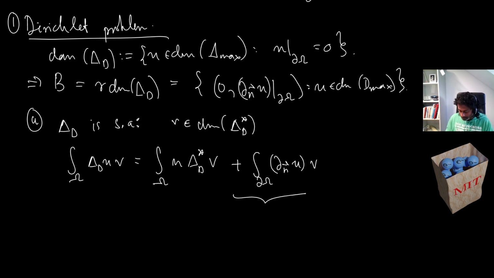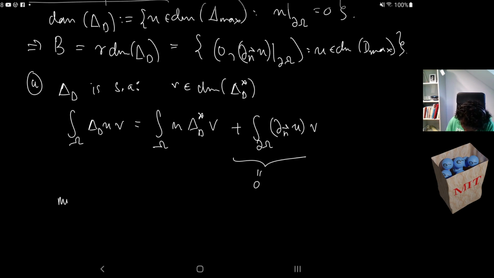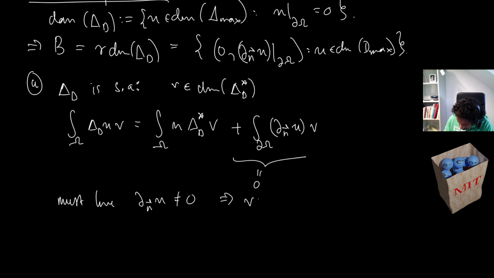It forces this term to be 0, right? So we must have, I mean, it cannot be that every partial nu u restricted to the boundary is 0. Because if that was the case, then the domain of the operator would also be different, right? So we have some u non-zero, and then from that we can conclude that v must be 0 on the boundary, if that's true.